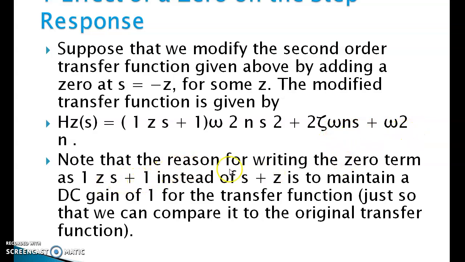Note that the reason for writing the zero term as (1/z)s + 1 instead of s + z is to maintain a DC gain of 1 in the transfer function, just so that we can compare it to the original transfer function.